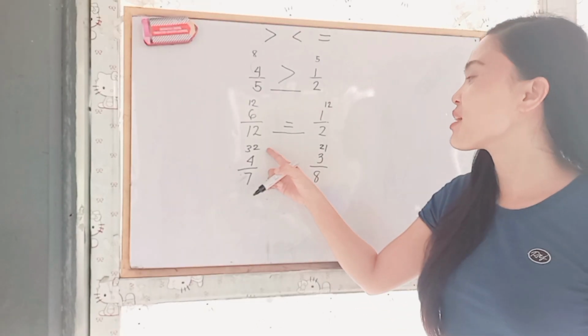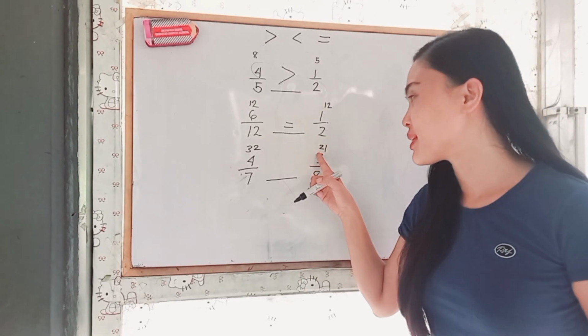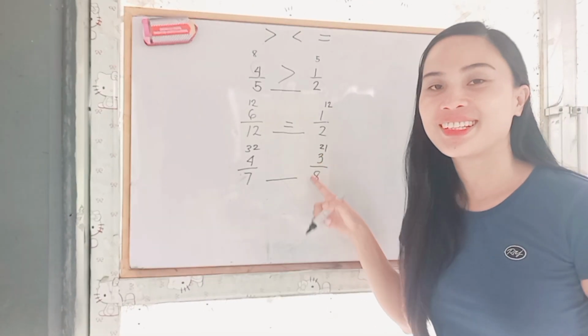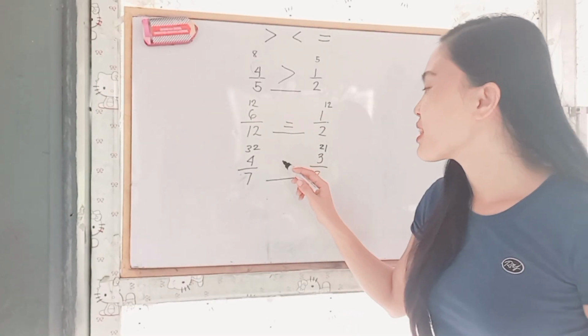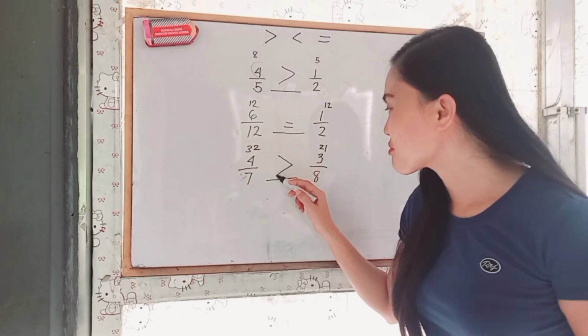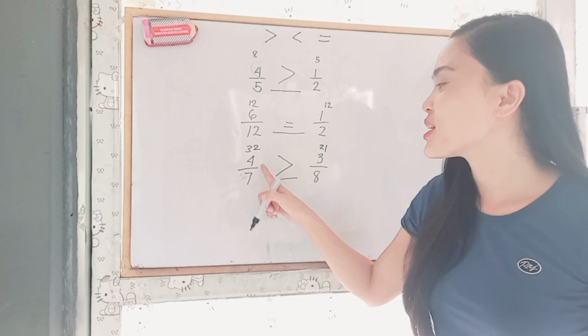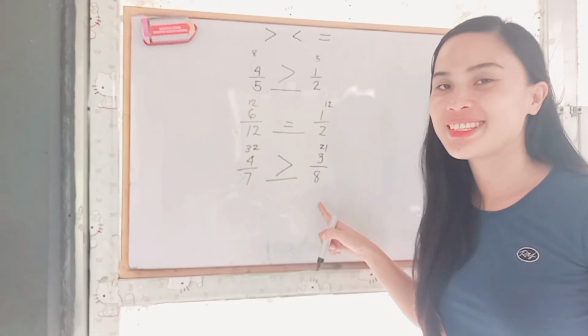And then compare their products. 32 and 21. So which is greater? 32 or 21? Yes, it's 32. So therefore, the mouth of the shark will face the greater fraction. 4/7 is greater than 3/8.